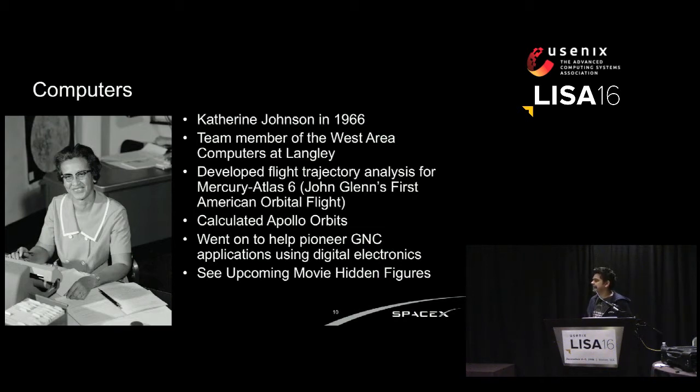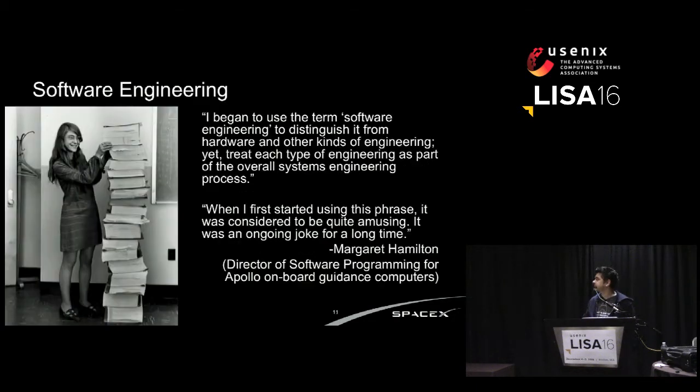She had a long 40-year career at NASA and did some amazing things. There's a movie coming out about her in January, well, her and two of her colleagues, Dorothy Vaughan and Mary Jackson, and I encourage you all to see it when it comes out.